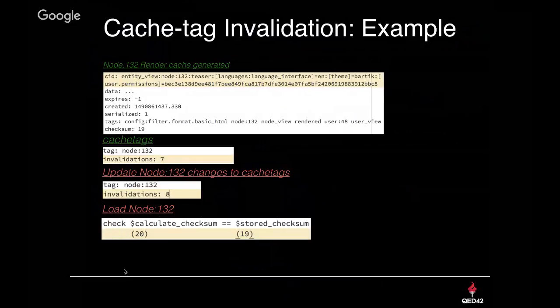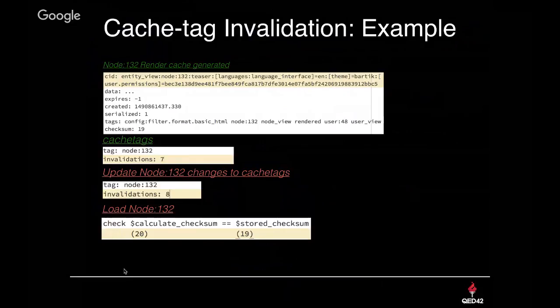Now let's say at this point the value for node:132 was 7. The next step is I go ahead and update node 132. What it does is it bumps up the invalidation count for node 132 inside the cache tag table by 1. So now my cache tag invalidation count for node 132 becomes 8.